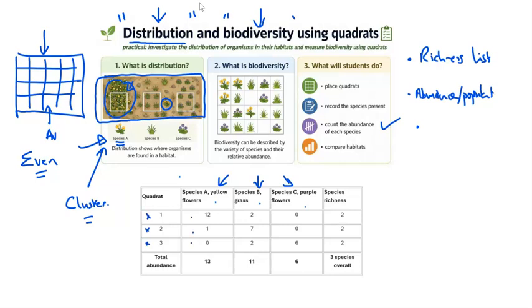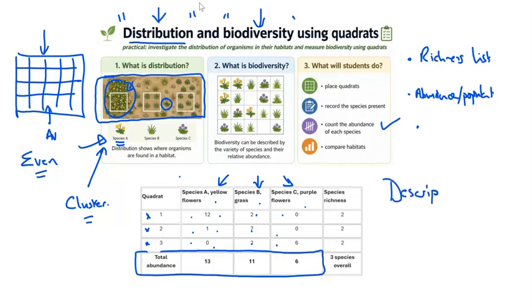Here we have the relative abundance of species A in the different quadrats. And here we have species B and species C. And so then we can use the total abundance and the species list to write descriptions of what the biodiversity of this location actually is.